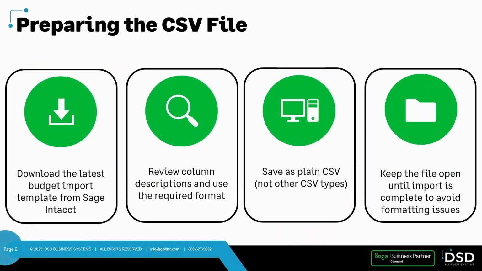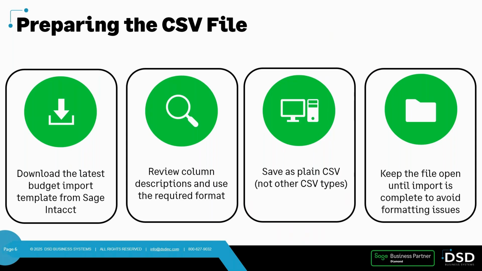Next is preparing your CSV file. So we would like to download the latest budget import. If we're starting from scratch, we would download the template. If we're not starting from scratch, then we'll go ahead and download the previous budget template, which has all of the GL account numbers, maybe the locations, the departments.